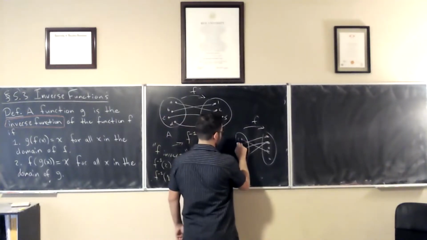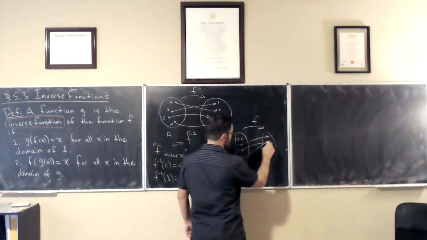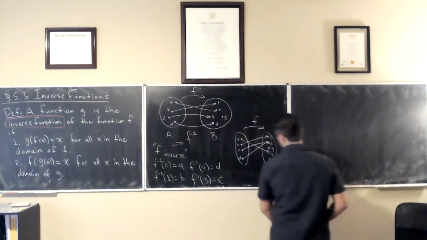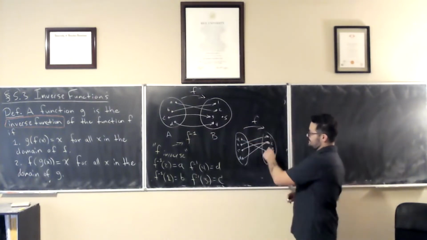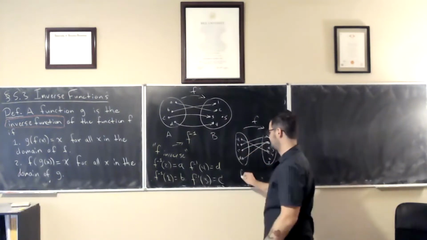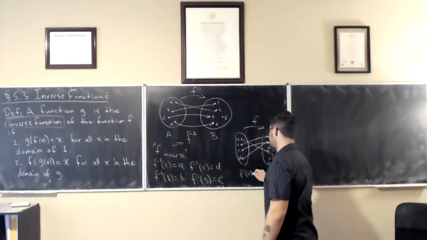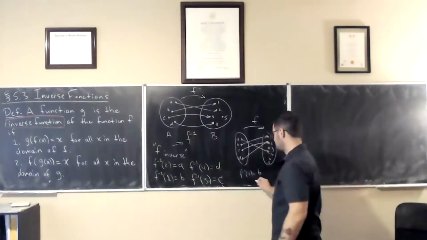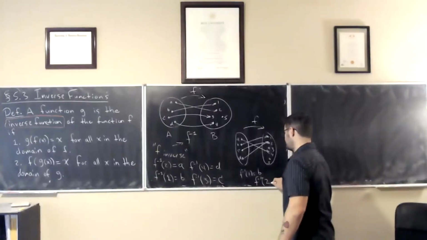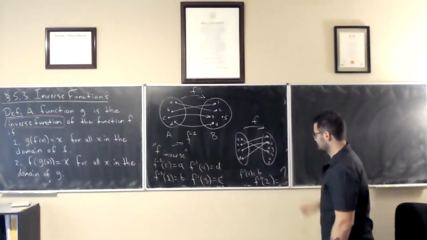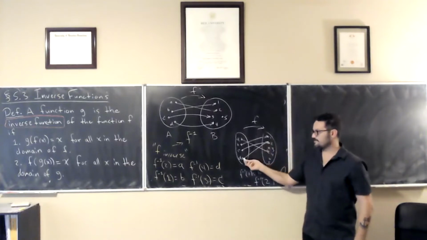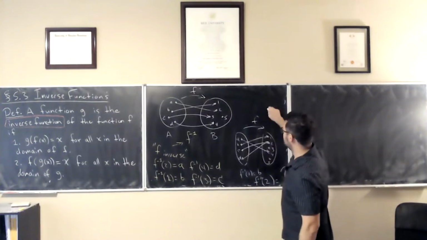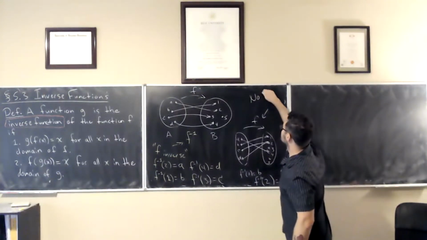Let me go ahead and give them labels now so you can see the problem explicitly. 2, 3, 4, 5. So if there was an inverse, it would send 1 to b. So f inverse of 1 would be sent back to b. But then here at 2, what about f inverse of 2? It would be sent to both d and c. That's not a function. So in this case here, no inverse exists.